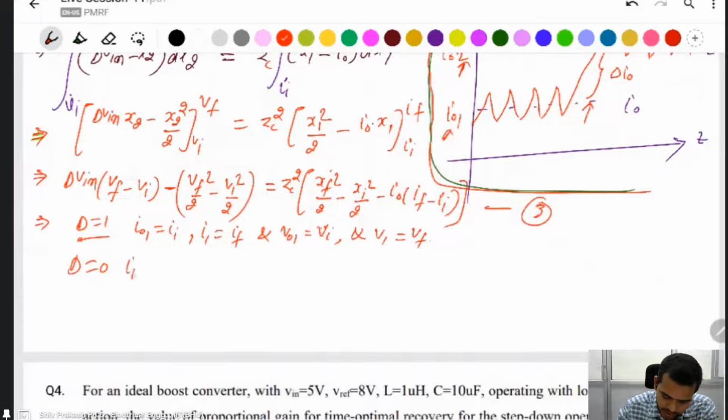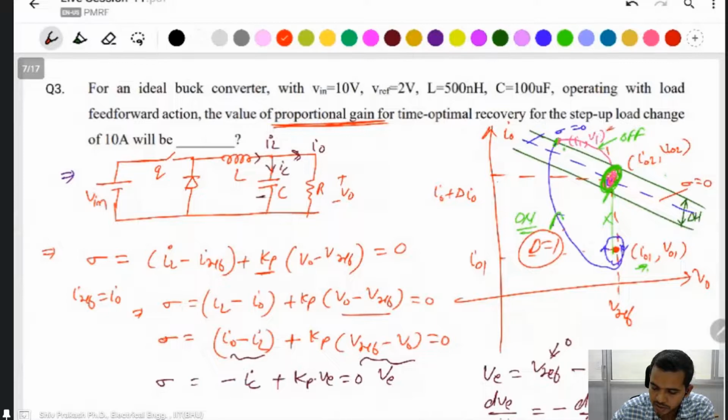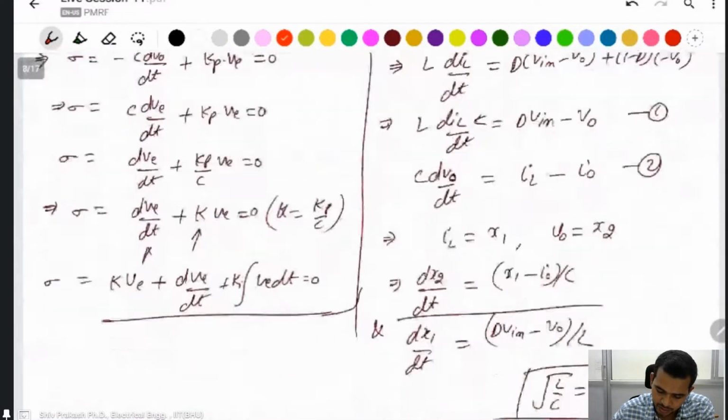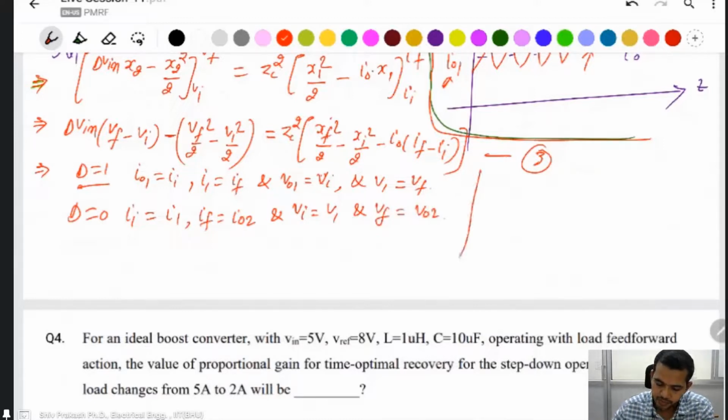Here initial is I1 and final is I2, or I not 2 is the final value. For the off trajectory, this one is the initial value and this one is the final value. And the initial value is V1 and the final value is V not 2. You know about I not 2. I not 2 is the same as I not plus delta I not.